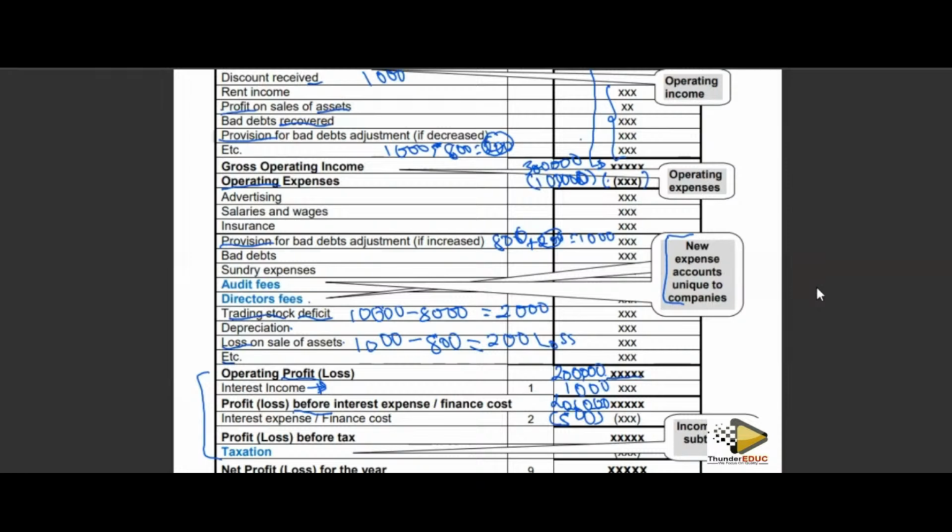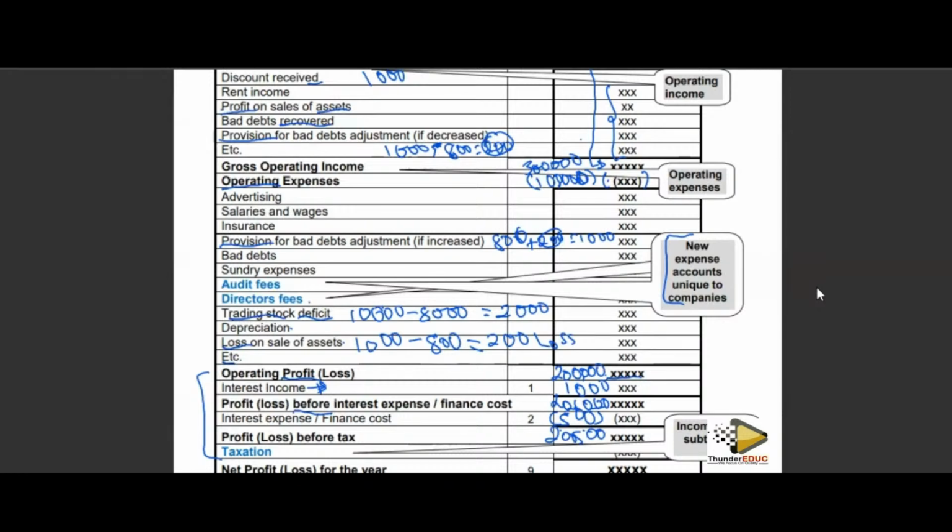Let's say this minus this gave us how much? This was 201,000, then it will be 200,500. This is an expense, so this is what we are left with. Remember, this one was 201,000, and now this one is 200,500. So it is less.